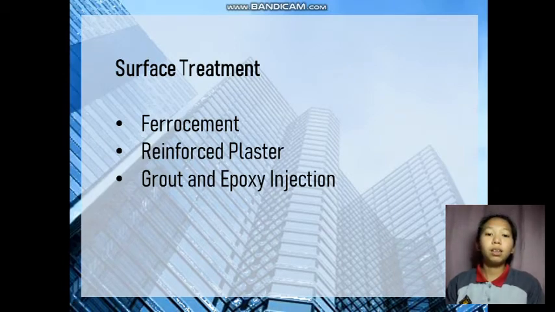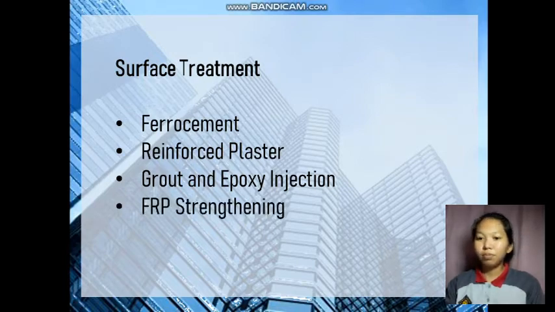Of the slab can prevent punching shear failures. Then the next one is the FRP strengthening.